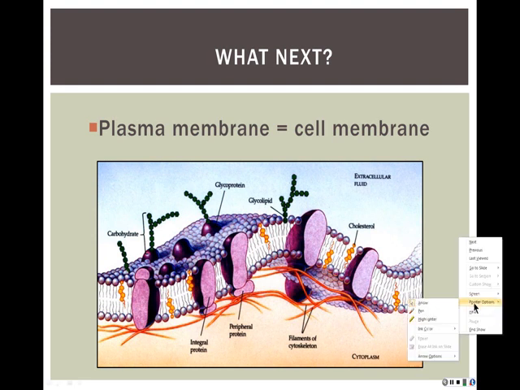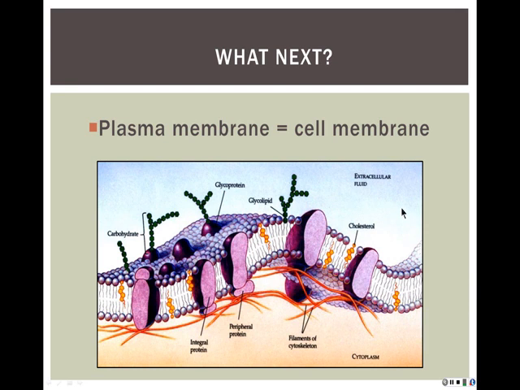You may think about the outside of a cell as being no big deal, it's just like a wall or whatnot. But it's actually one of the most important parts of a cell. As I started talking about, what gets into the cell and what goes out of the cell is of utmost importance to that cell's ability to do its job and to stay healthy and to even stay alive.